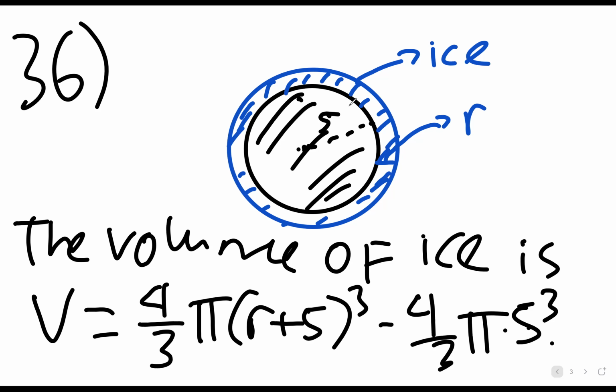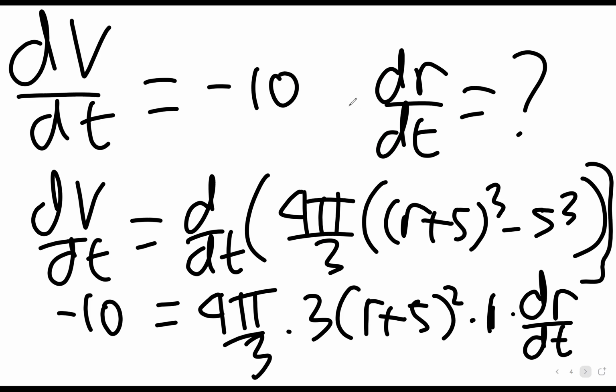In this case, it's just the difference between the volume of the ball of radius r plus 5 and of radius 5. Just recall the formula for the volume of a ball with the given radius: 4 pi over 3 multiplied by (r plus 5) to the power 3 minus 4 over 3 pi times 5 cubed.